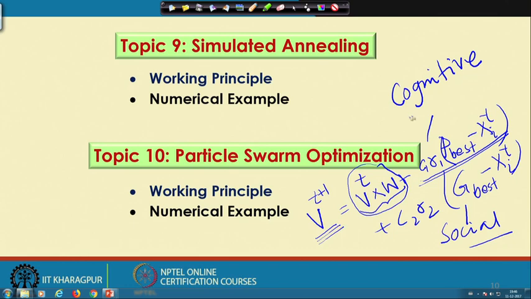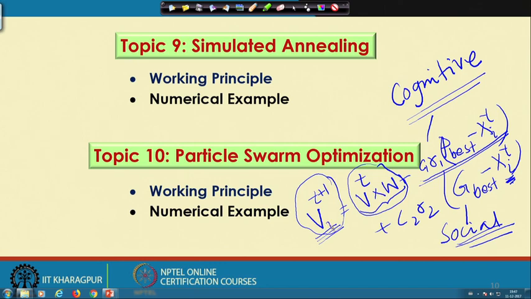By the cognitive component, we mean that each particle will compare with its previous best just to update its own situation, and at the same time the particle will have to compare with the global best, and this global best is going to attract that particular solution toward betterment, and that is nothing but the social component. So, using these three components, the velocity of the particle will be updated.